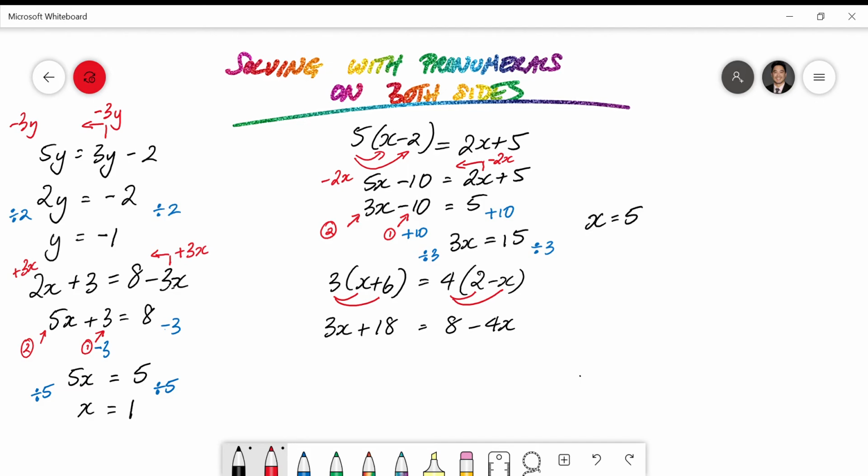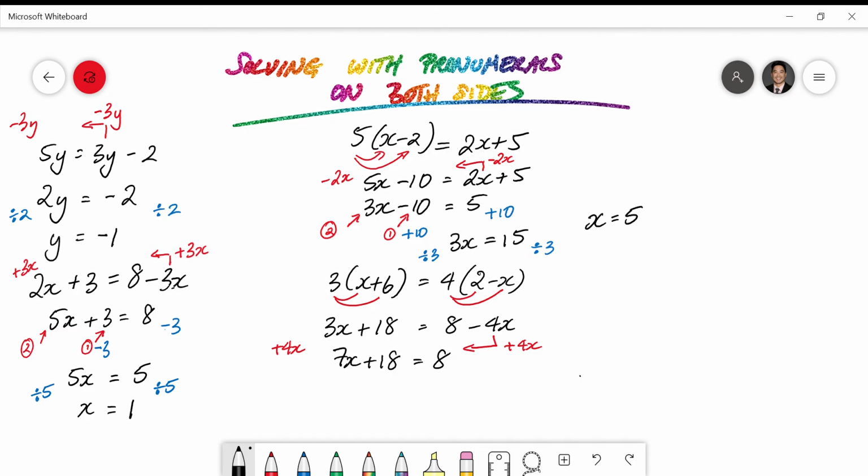In this case, I want to move the minus 4x to the left by adding 4x, and obviously we have to do it to both sides of the equation to keep it balanced. 3x plus 4x is 7x. So I'm rewriting everything to make sure that I know what's going on.